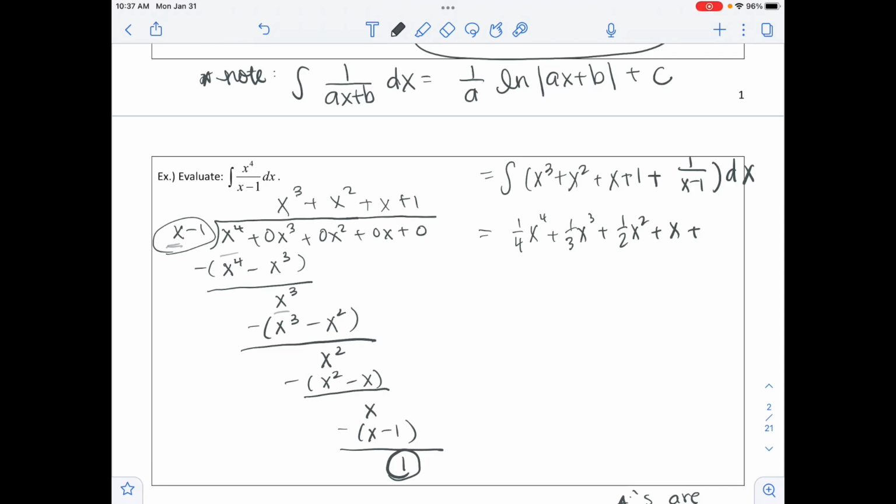But if you were to use this, it would have been 1 over 1, which is just 1, times the natural log of x minus 1, the absolute value of that. So ln the absolute value of x minus 1 plus c, our constant.